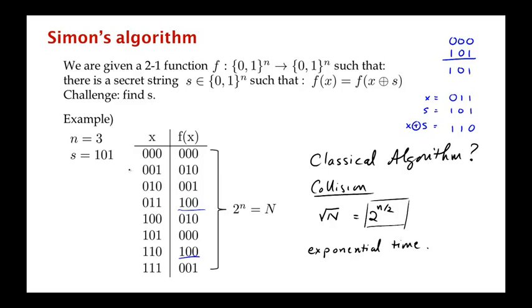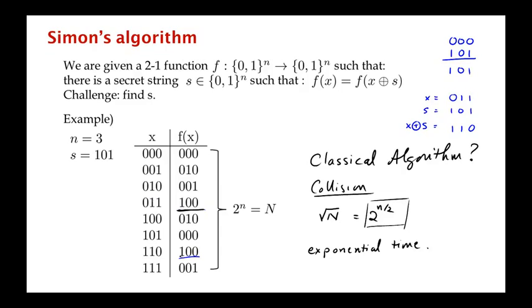With amplitude 1 over square root 8, this would be the first two registers, and so on. But now we go ahead and measure the second register. We'll get each of these outcomes with equal probability. And suppose the outcome happened to be 1, 0, 0.